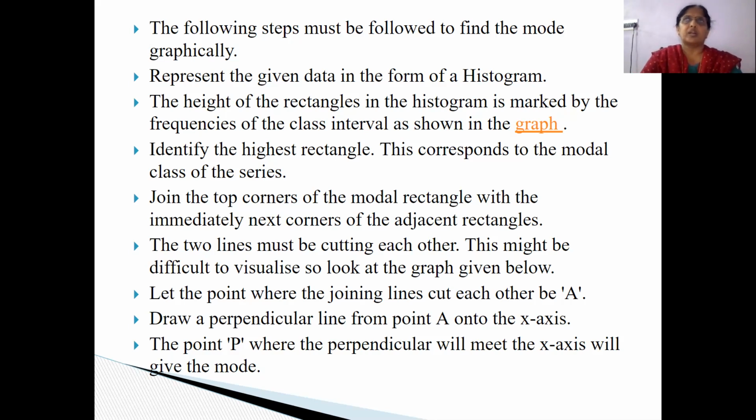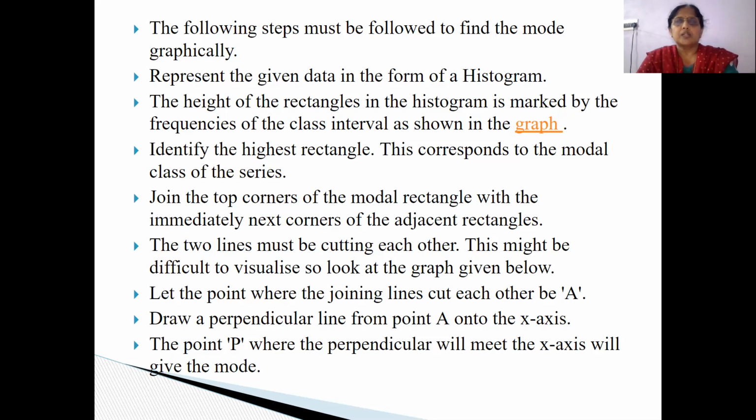Whatever the data is, we already know the class intervals are given, and they should be located on the x-axis. Whatever frequency we are given is shown on the y-axis. A set of bars connected together is a histogram, which is nothing but a set of rectangles.